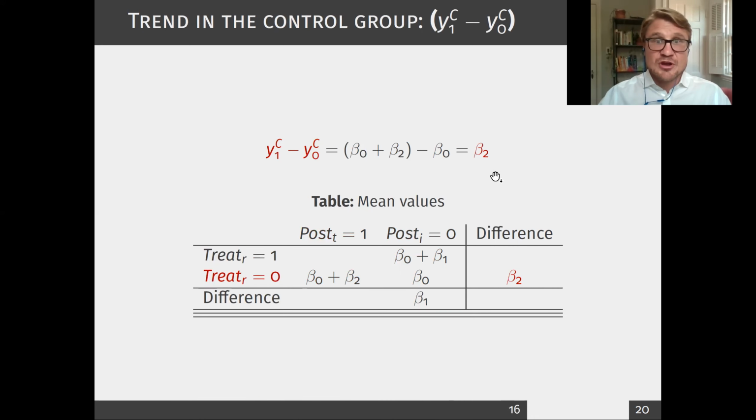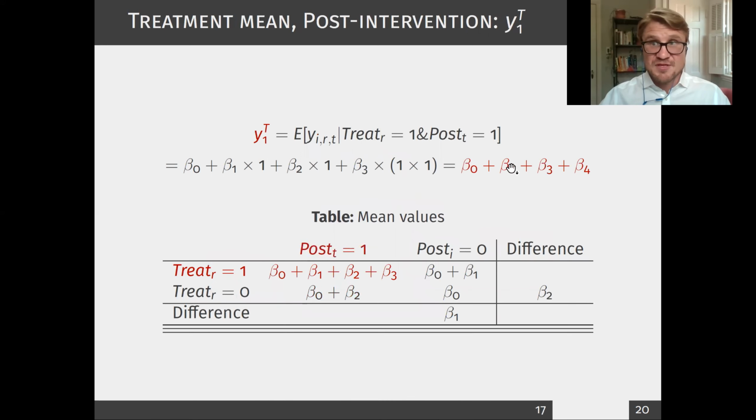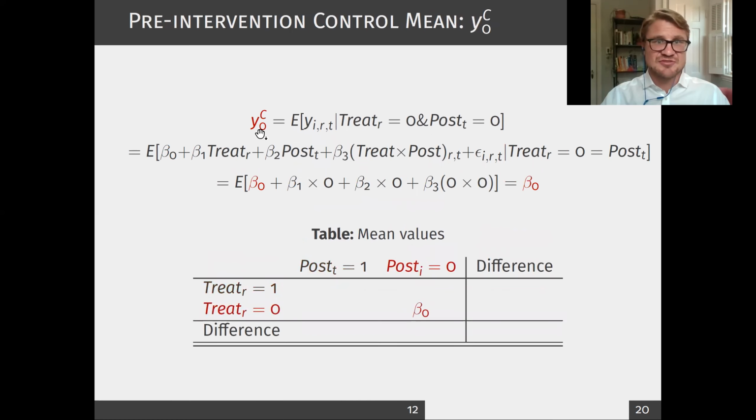And as we go along now to the fourth and final cell that we'll be looking at, which is the average outcome in the treated group in the post-intervention period. Now treat is equal to 1 and post is equal to 1. So if we have our same regression, which is beta 0 plus beta 1 times treat, now equal to 1, beta 2 times post equal to 1, beta 3 times treat times post, that's also equal to 1.